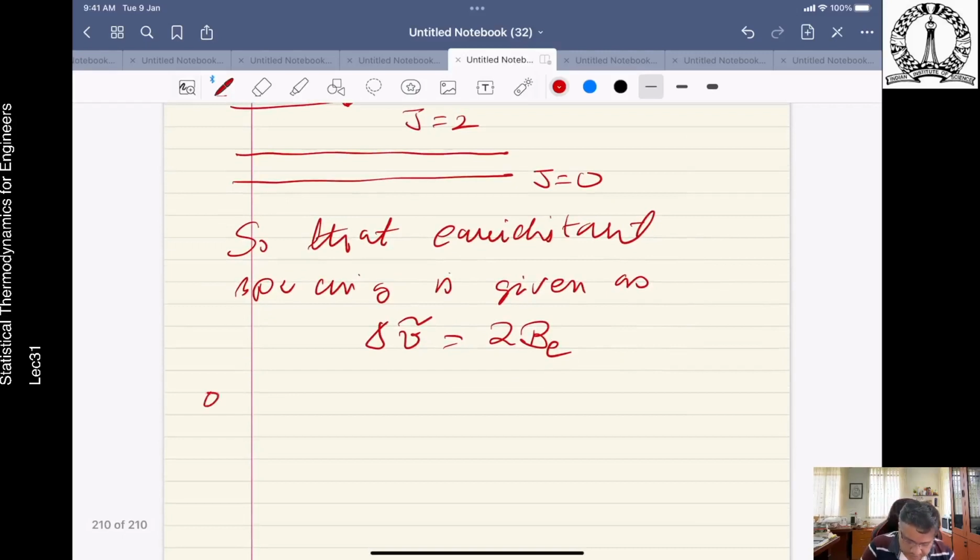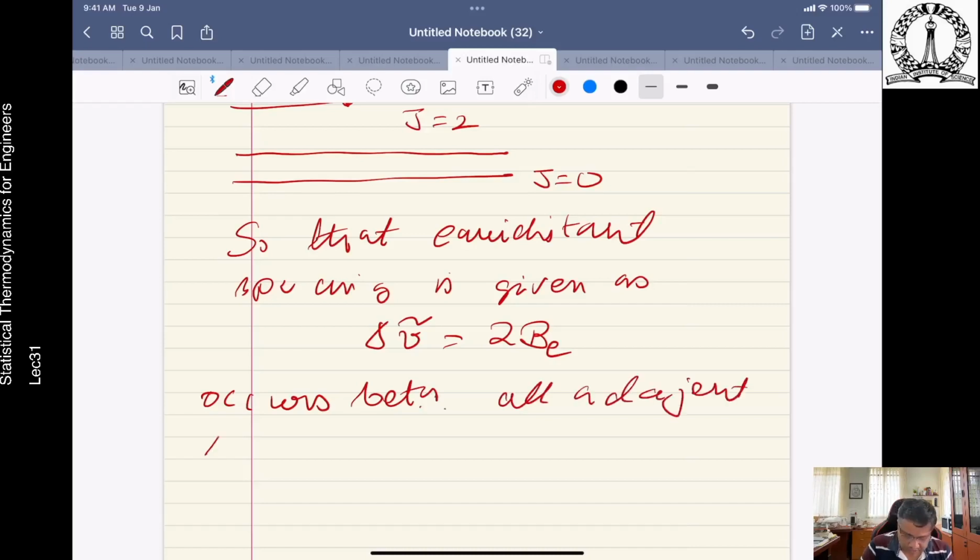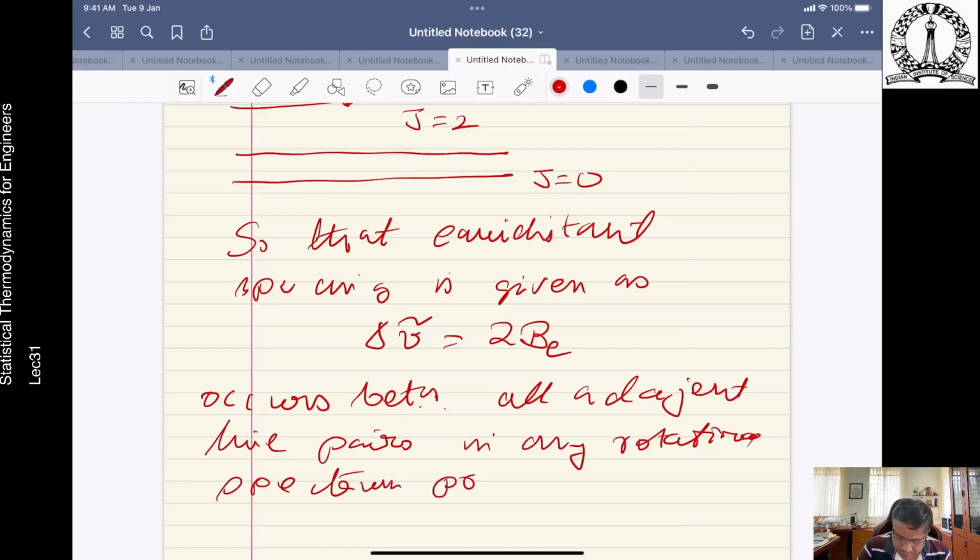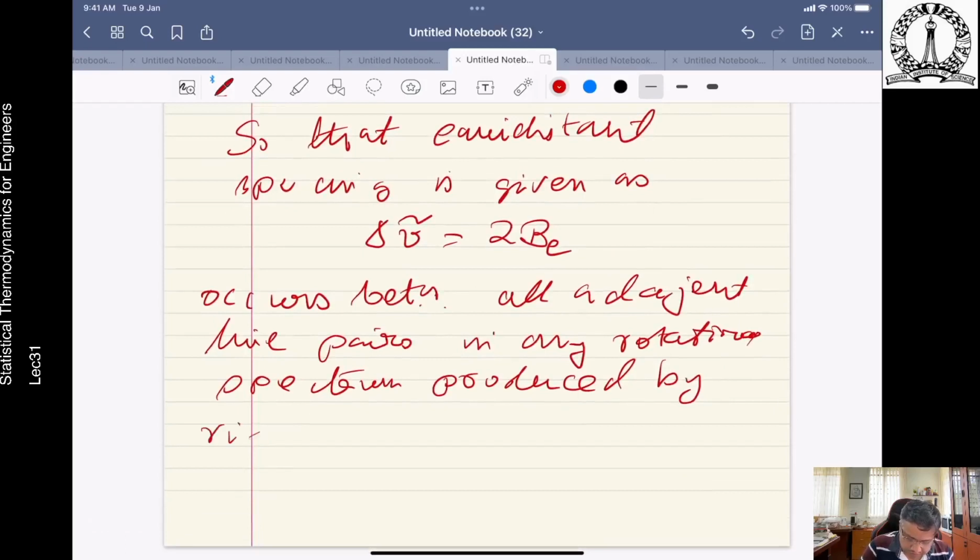So this occurs between all adjacent line pairs in any rotational spectrum produced by this rigid rotor model. Okay. This is an approximation, but this is a simple but powerful prediction.